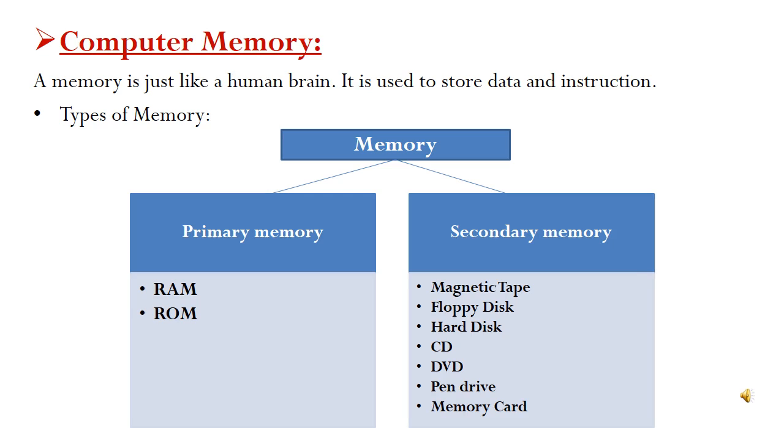Second, secondary memory, in that there are different types: magnetic tape, floppy disk, hard disk, CD, DVD, pen drive, memory card, etc. So, computer memory mainly has two parts, primary and secondary. We will see one by one.